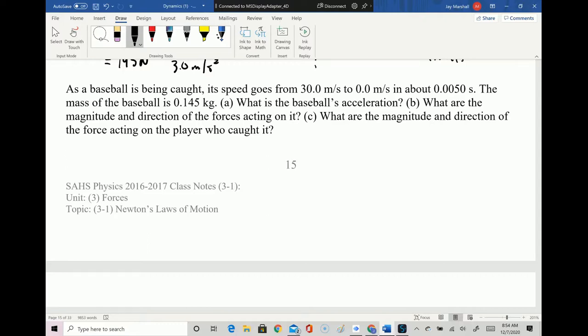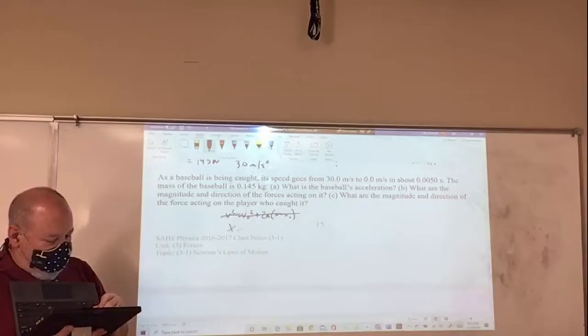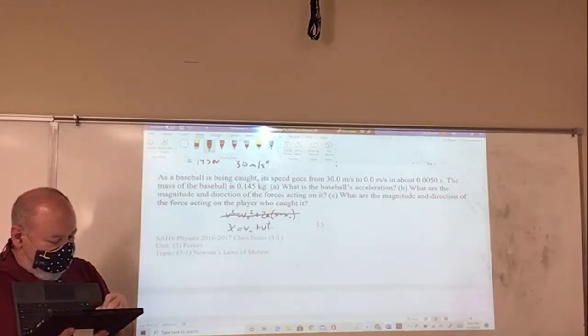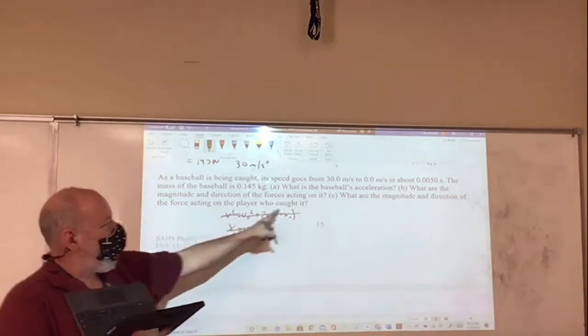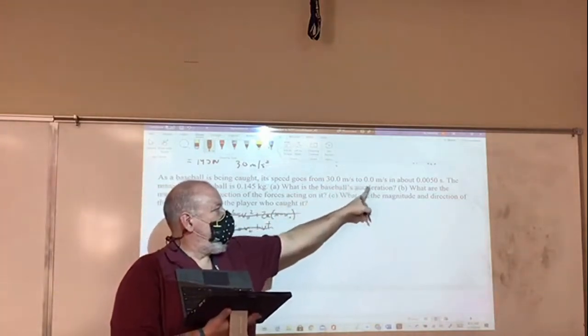So I'm going to go through my motion problem stuff. Okay? I'm going to think v squared equals v0 squared plus 2a times x minus x0. But I've been given time, right? So that can't work. I'm then going to think x equals x0 plus vt. But that's for constant velocity, and that's not going to work. I do have both velocities.